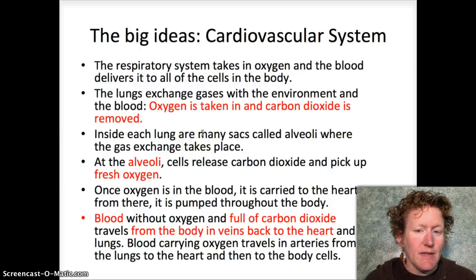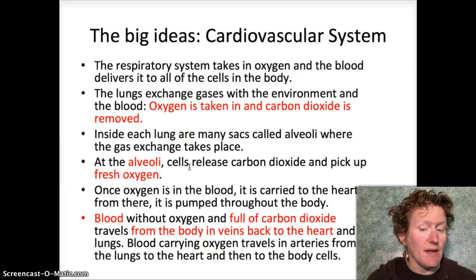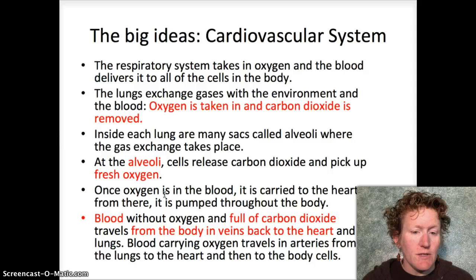Inside each lung are many sacs called alveoli, where the gas exchange takes place. At the alveoli, blood cells release their carbon dioxide and pick up fresh oxygen. Once oxygen is in the blood, it's carried to the heart. From there, it's pumped throughout the body.